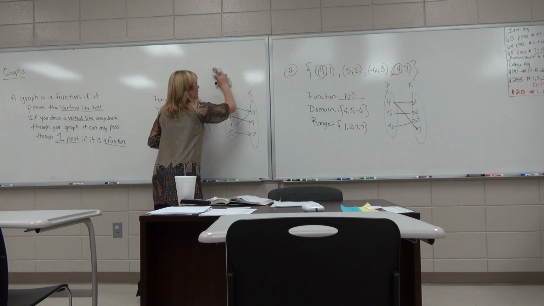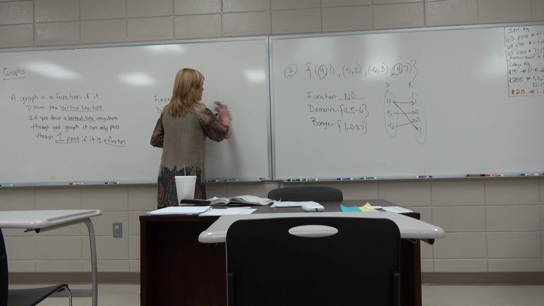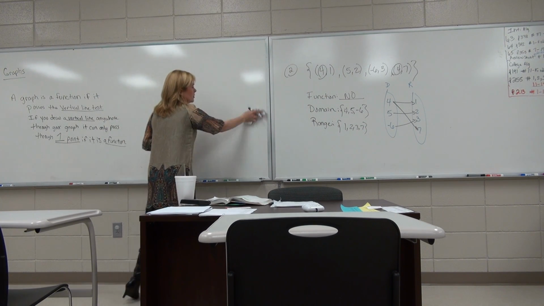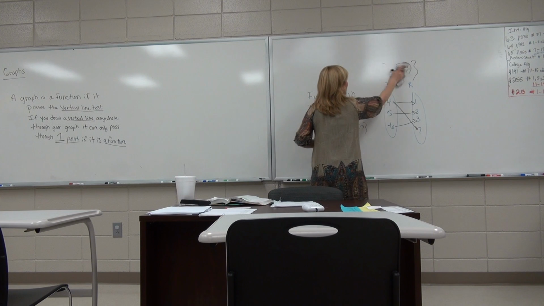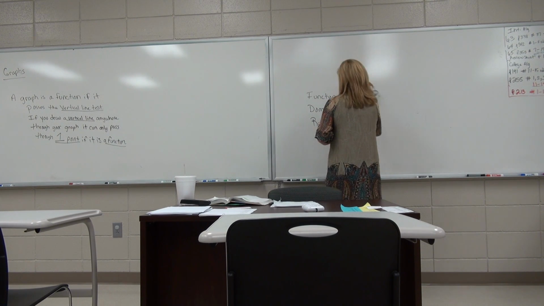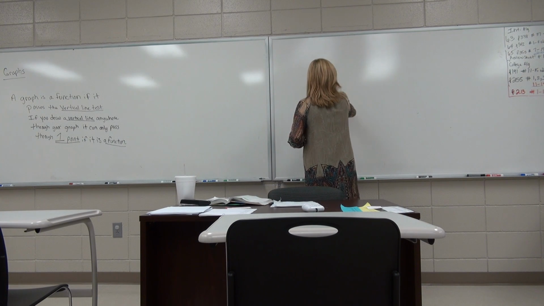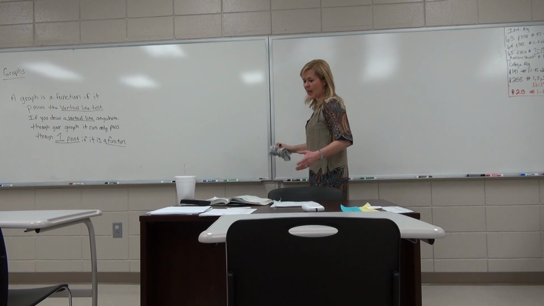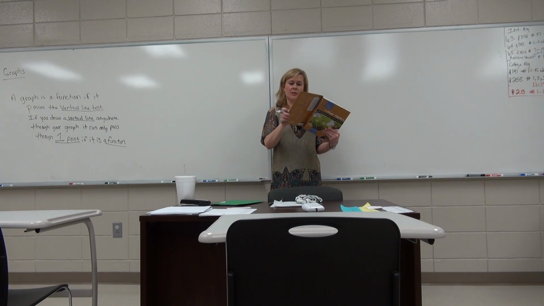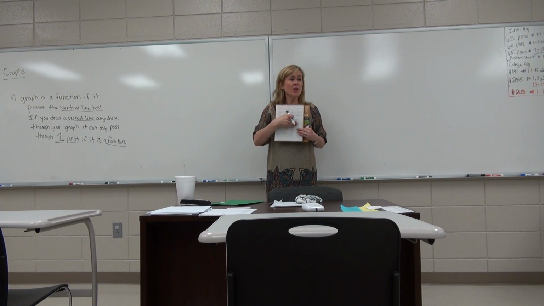So let's look at a couple of these graphs and see what we can do here. Now all of those basic graphs that you had, that were on the back cover of your book, had this f of x written in front of them. All of those are functions.